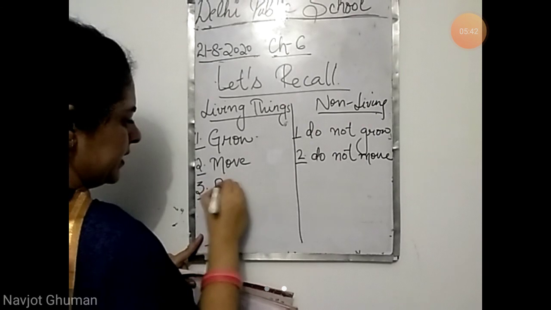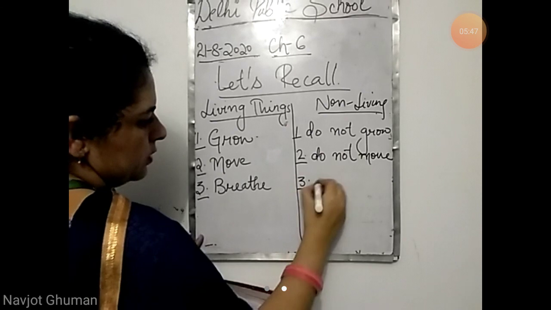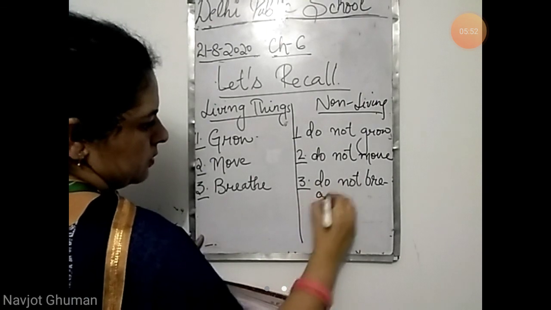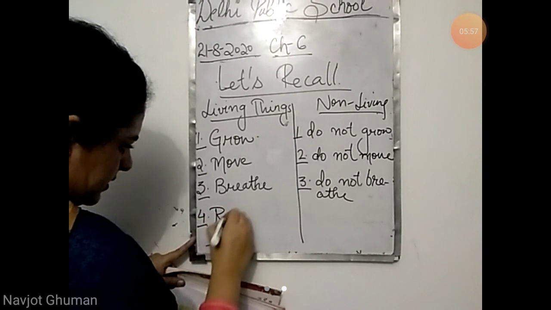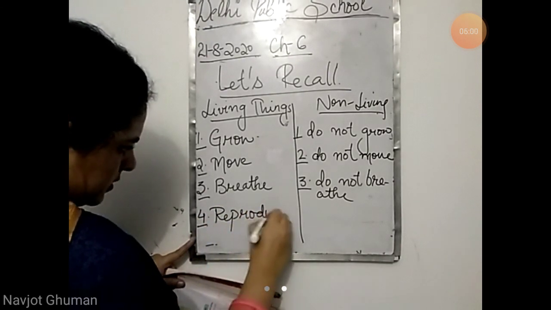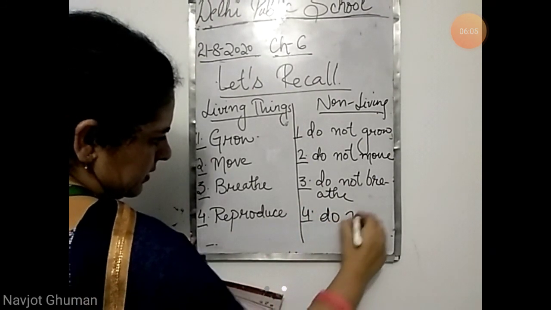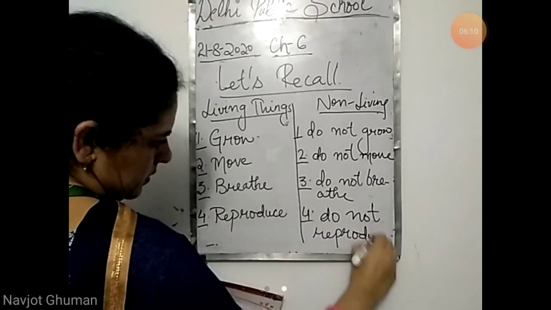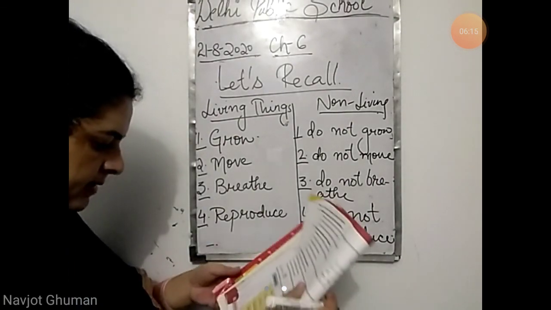Living things breathe, non-living things do not breathe. Living things reproduce, non-living things do not reproduce. We have to write 1, 2, 3, 4, 5, 6.